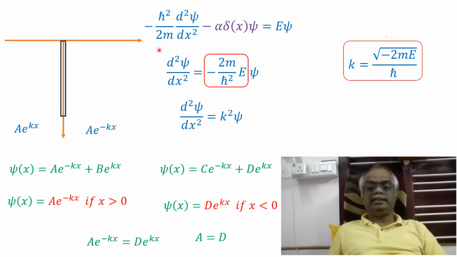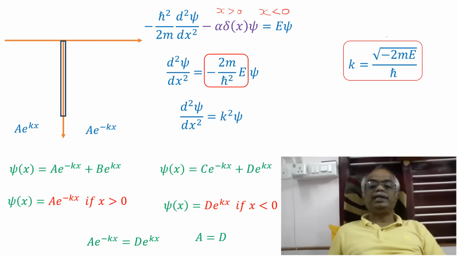Let us take the Schrodinger equation for the delta function potential, which is minus h cross squared over 2m d2 psi over dx2 minus alpha delta x psi, which is equal to E psi. Now the interesting thing is delta x will be 0 when x is greater than 0, as well as when x is less than 0.